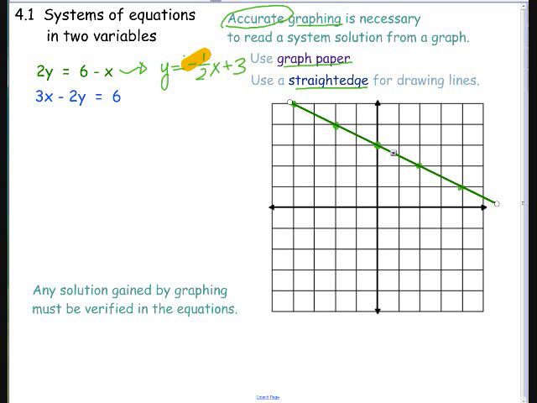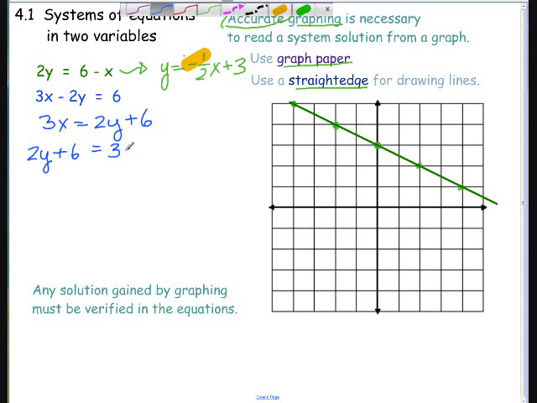The next equation, I'll use blue to make it clear what I'm doing here. I've got 3x on this side. I want y to be positive, so I'm actually going to add 2y to both sides. I'm going to rearrange things. 2y plus 6 equals 3x. I just swapped these sides.